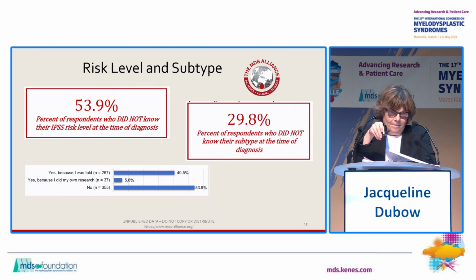And almost 30% did not know their subtype at the time of the diagnosis. And quite interesting, almost 6% learned about their risk level and subtype by doing their own research. But the majority of the people did not know.